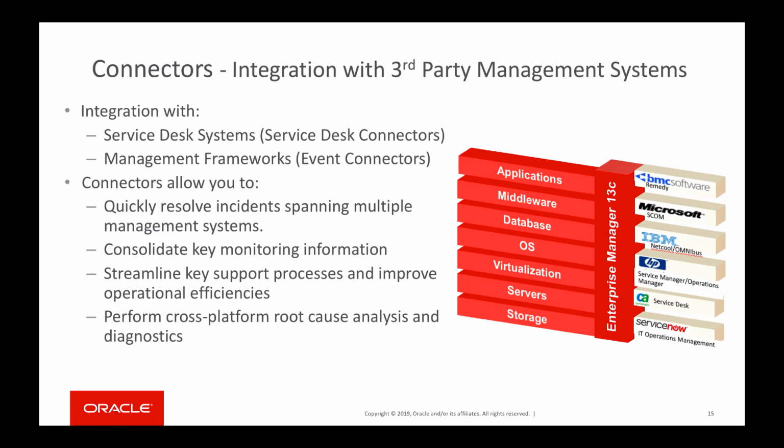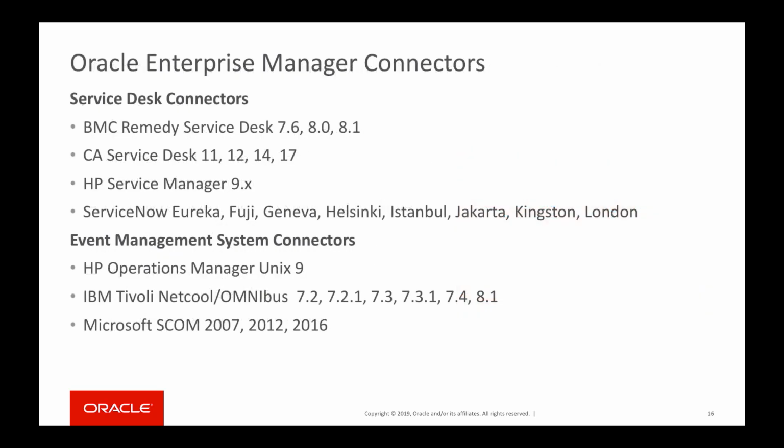And unlike the service desk connector that has a specific purpose, which is to create a ticket and follow up, event connectors, on the other hand, can be used for more generic purposes. The connectors available in Enterprise Manager are shown on the right-hand side of the screen, but I have more details on the next slide, so let me show you that.